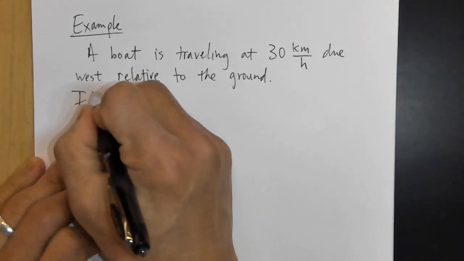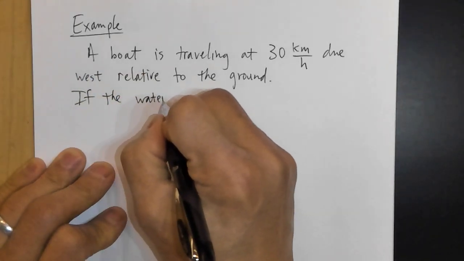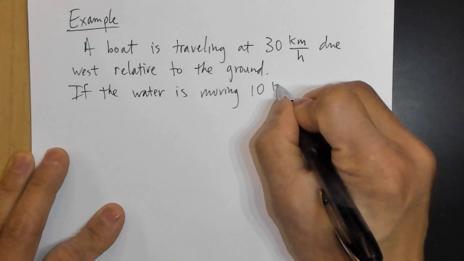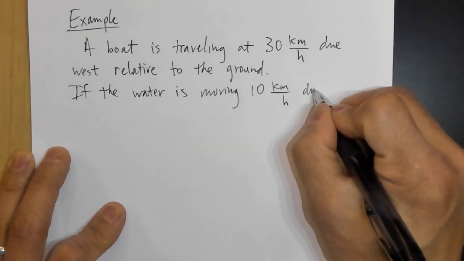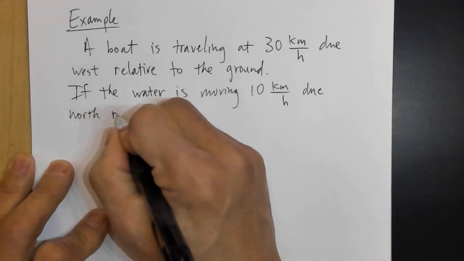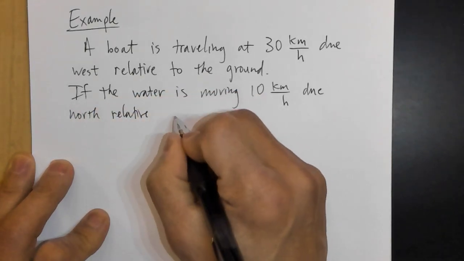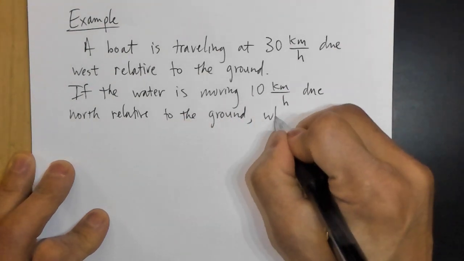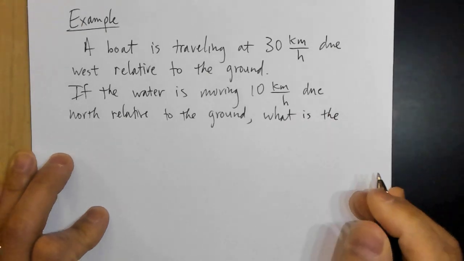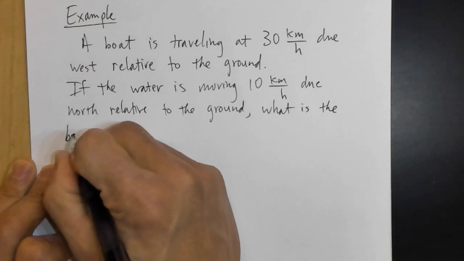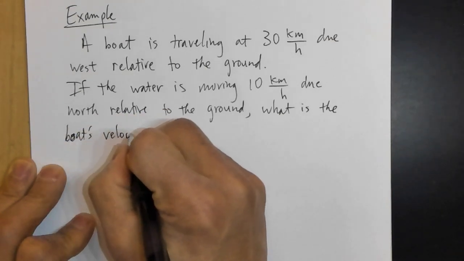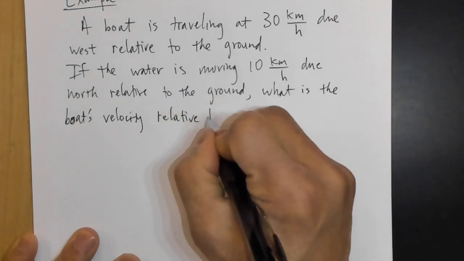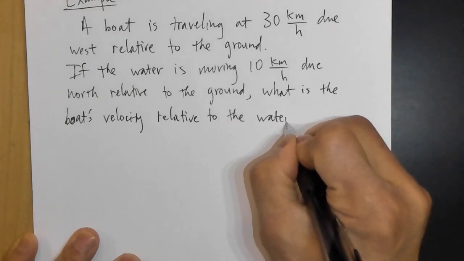If the water is moving 10 kilometers per hour due north relative to the ground, what is the boat's velocity relative to the water?